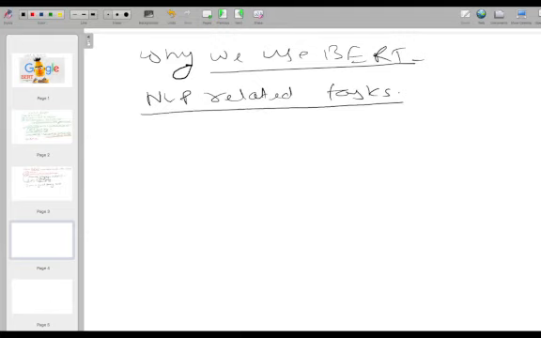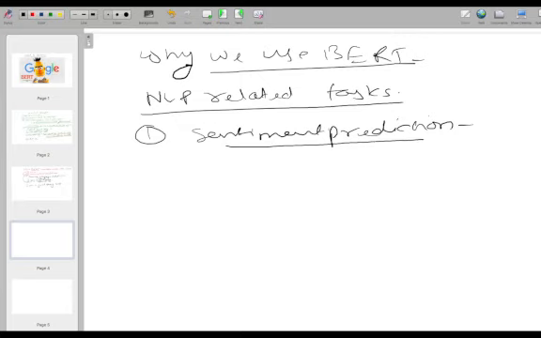For example, you want to do sentiment prediction. BERT can do that for you. How? You pass the sentence, it generates the embeddings, and you also pass the correct label and train a classification model. Or if you want your BERT model to predict the sentiment, that also can be done because it understands your data very well.